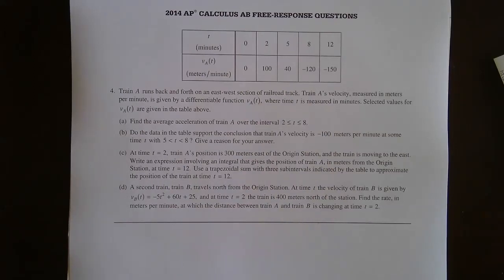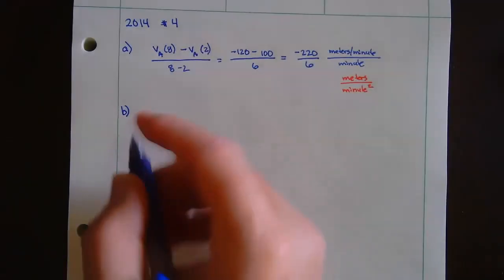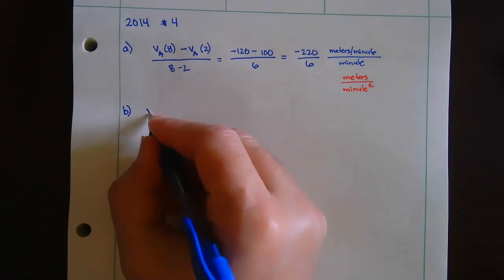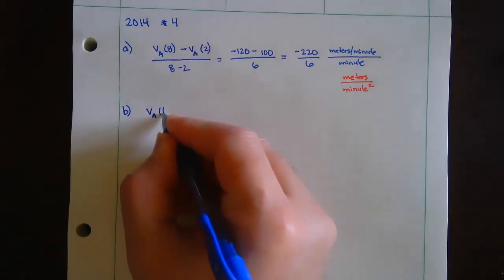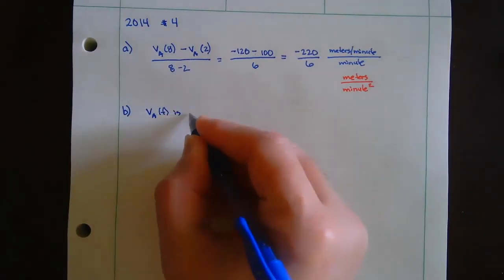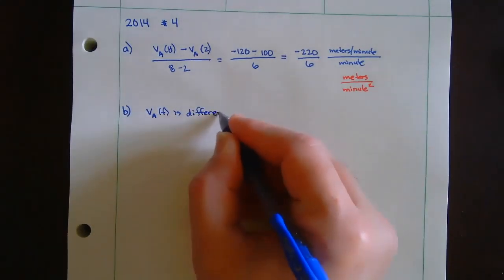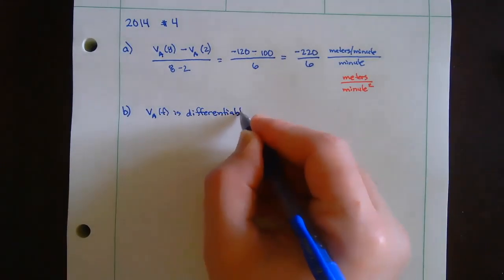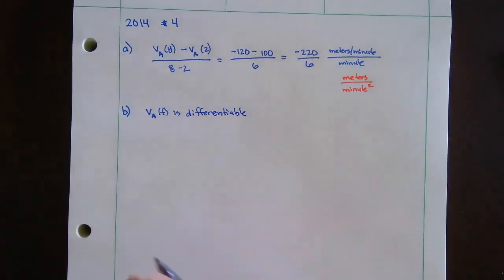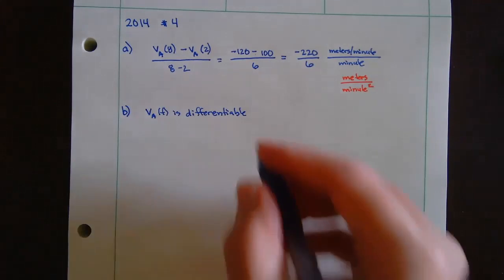And so we're gonna write this up, okay? And it's a formal write-up, okay? And we'll do that next. So we would say v sub A of t is differentiable. And if a function is differentiable, then therefore it must be continuous, okay?